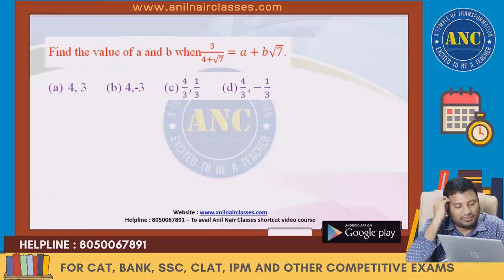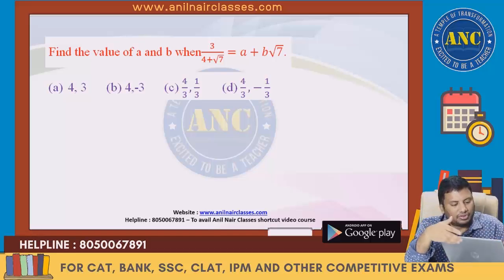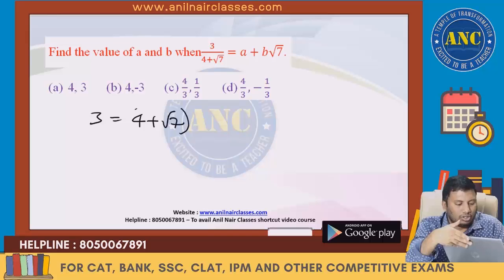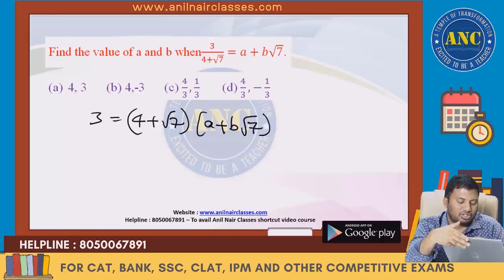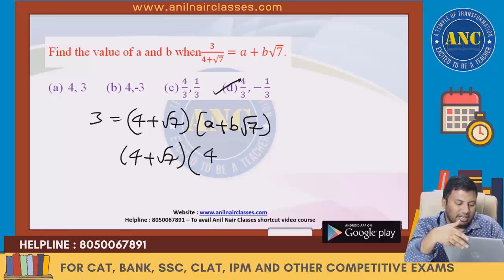Find the value of A. 1 by 3 is equivalent to (4 plus root 7) into A plus B root 7. So if you substitute D directly, by looking at the question itself, I am getting the answer. It is 4 by 3 minus 1 by 3 into root 7.